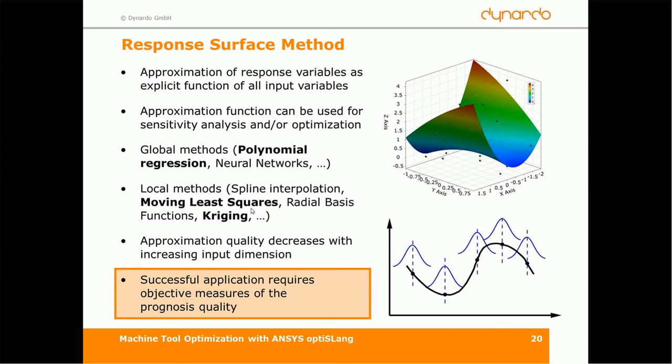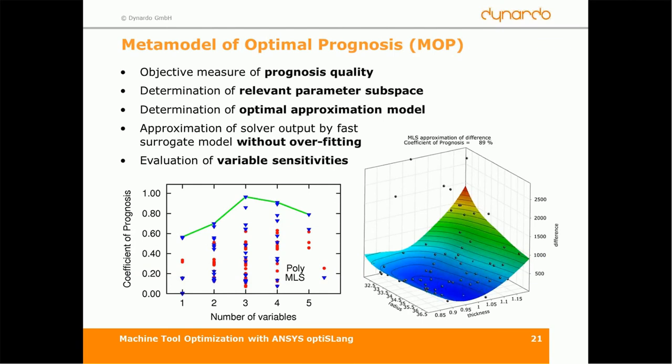Then we can compare the individual models and find the optimal approximation model. We have put all this in an approach, the so-called Metamodel of optimal prognosis. It will use a so-called coefficient of prognosis as objective quality measure. It will determine the relevant parameter subspace.